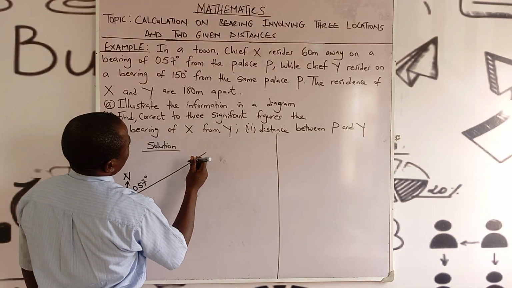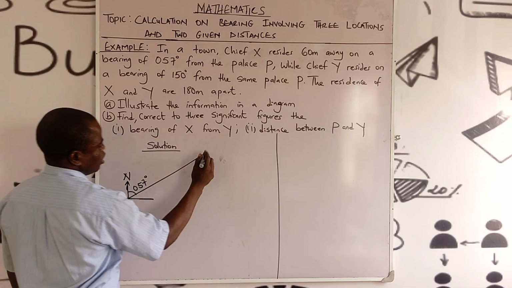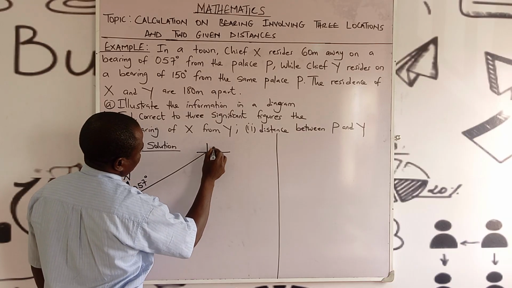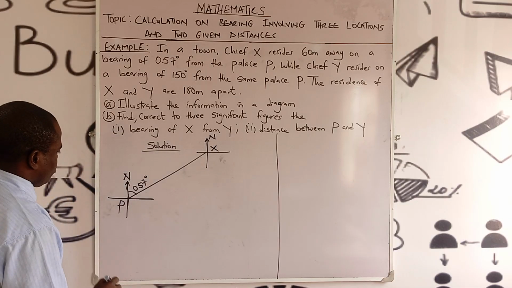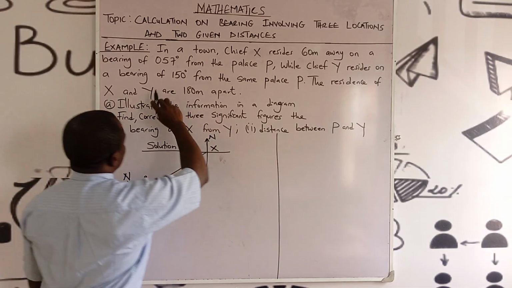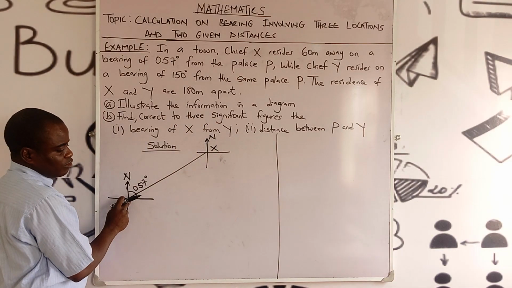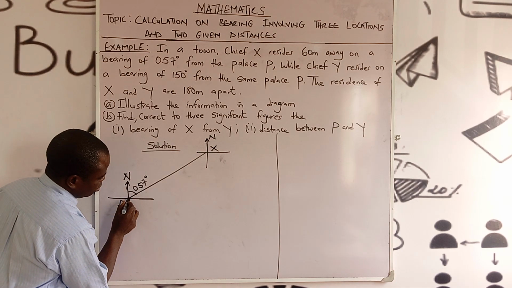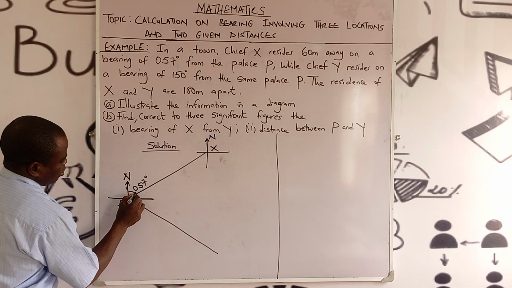Okay, Chief X resides 60 meters away. This is the bearing at which you have Chief X, from the north. And you are told that Chief Y resides on a bearing of 150 degrees from the same palace. Now check it like this.